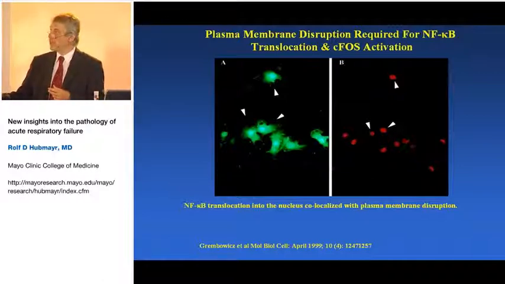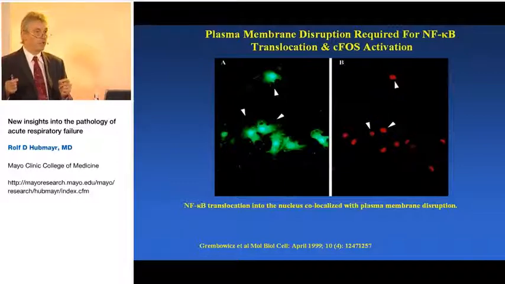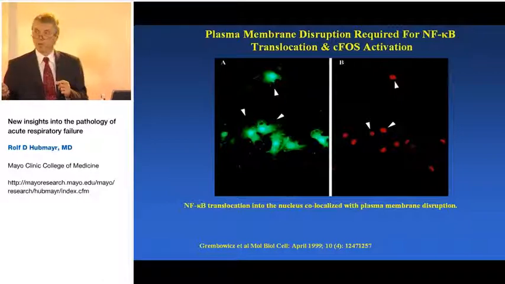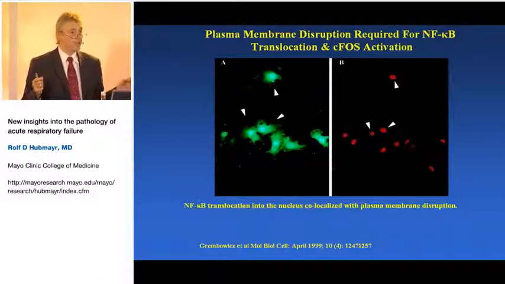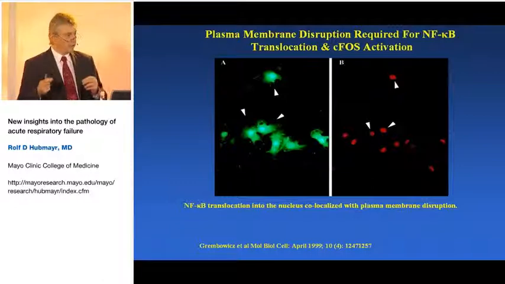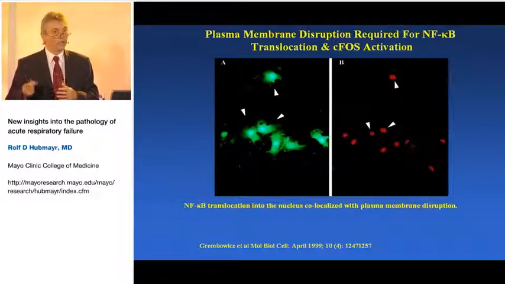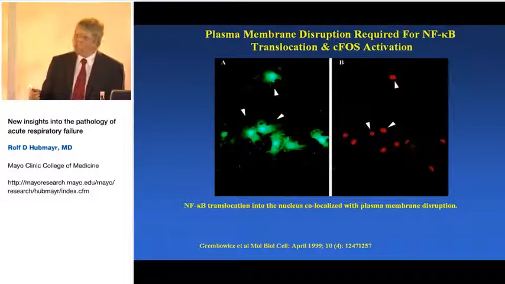And that's what happens here. So there is nuclear translocation of NF-kappa B shortly after the scratch. And it's interesting, it only happens in the cell at the wound. So clearly, wounding and repair of a cell is a sufficient stimulus to set up a pro-inflammatory event.